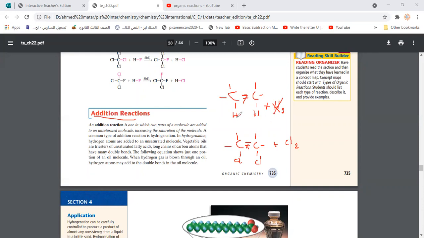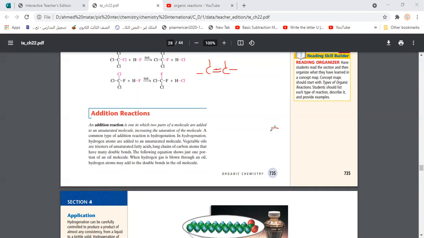Also here, guys, I'm going to just tell you, if you have this ethene, C2H4, how could I get this compound, CH3CH2Cl? How could I get that from this?